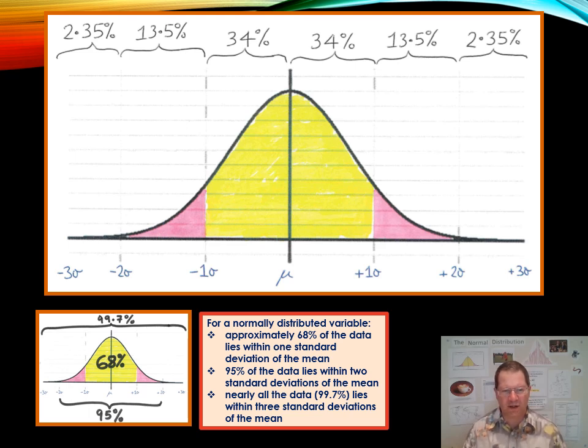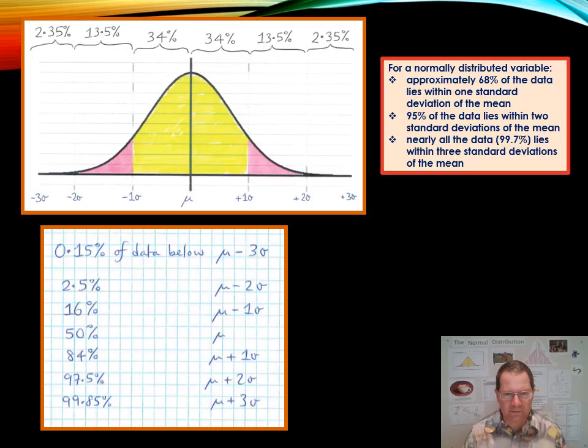And again, if we take our 95% away from 99.7%, chop it in half, we get 2.35%. So there's 2.35% of the data between -3 and -2 standard deviations, and 2.35% between +2 and +3 standard deviations.